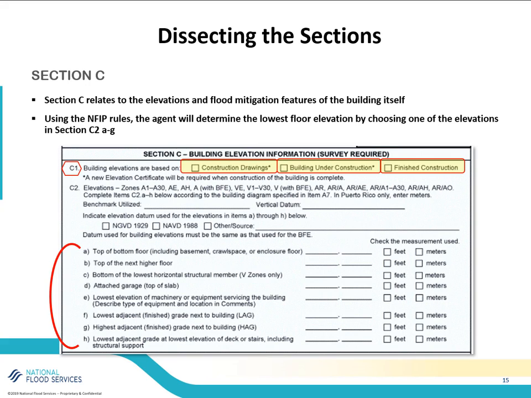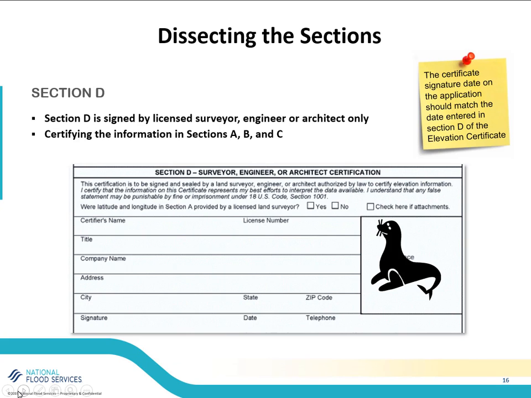C2F lists the lowest adjacent grade, while C2G indicates the highest adjacent grade. C2H is the lowest adjacent grade at the lowest elevation of a deck or stairs, which does include structural support.